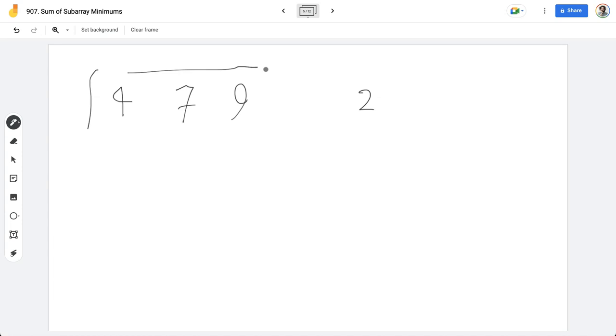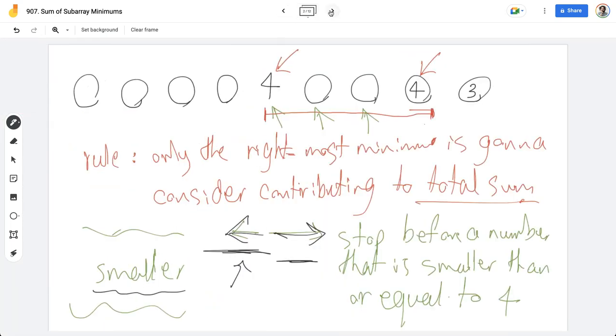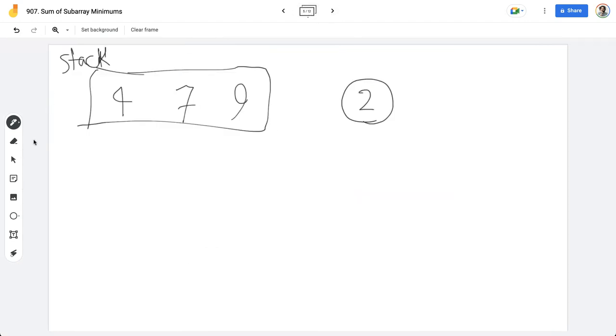So this is the stack, and we are looking at number 2. So remember, again, we are looking for the first number that is smaller than 2. Okay. Is 9 smaller than 2? No. Is 7 smaller than 2? No. Is 4 smaller than 2? No. So the stack is empty.